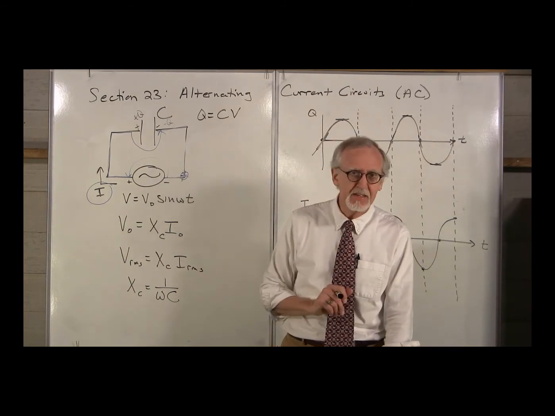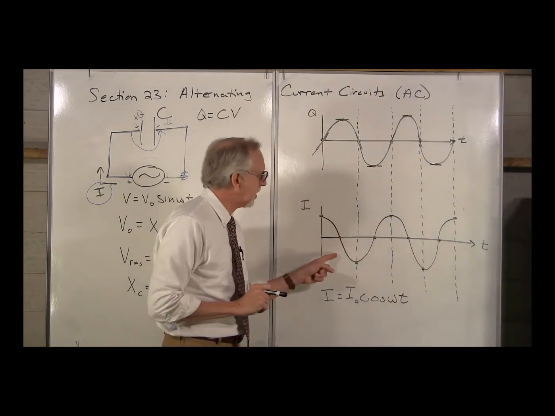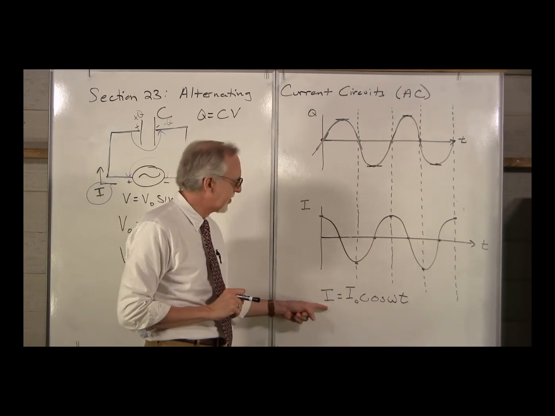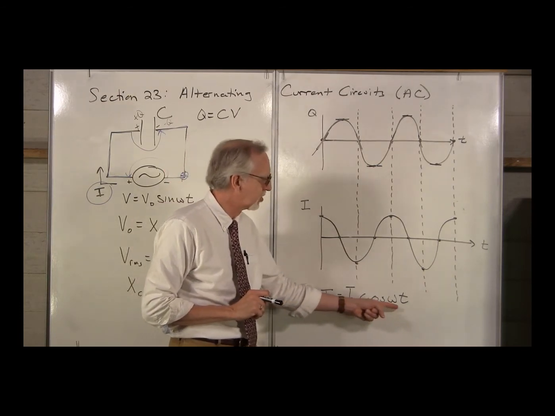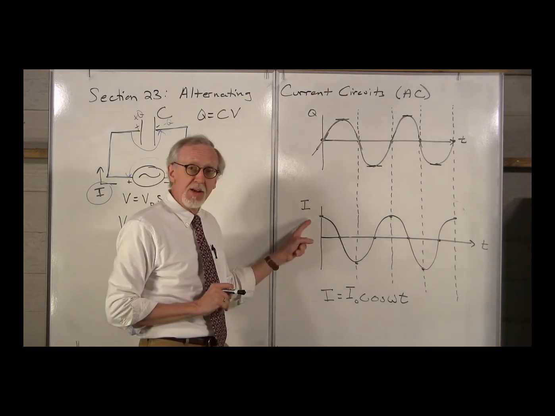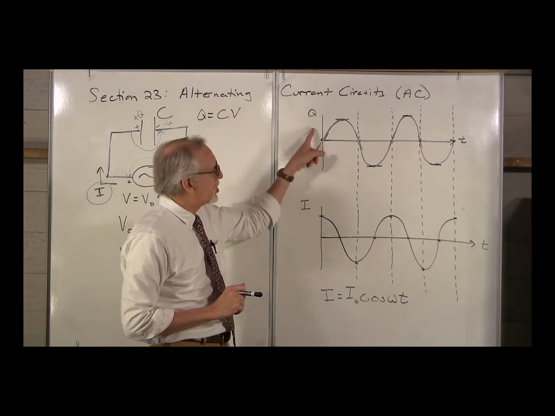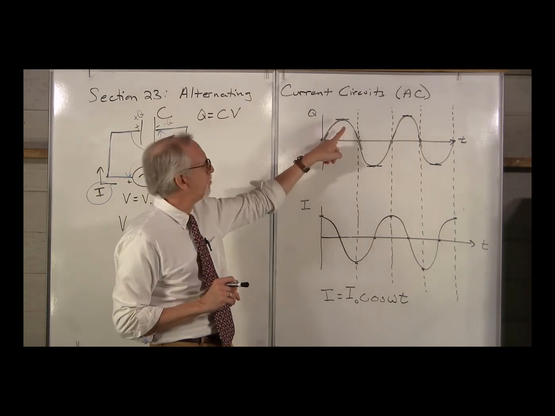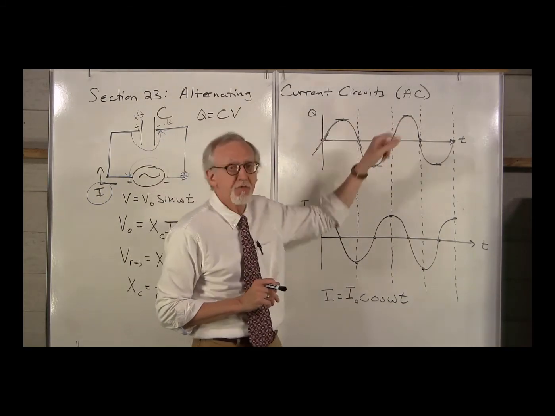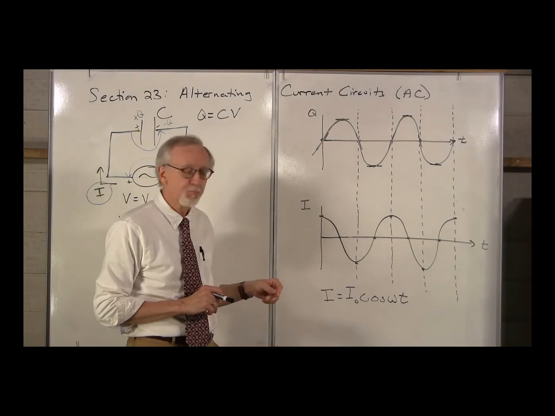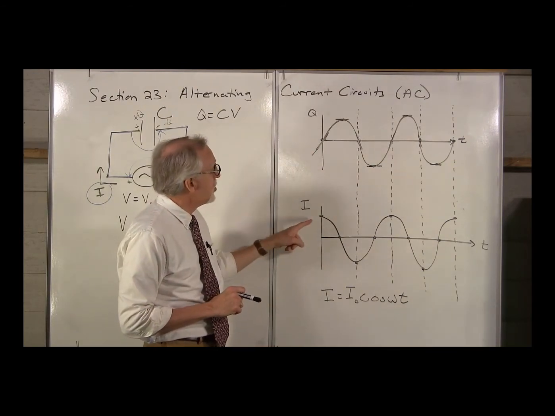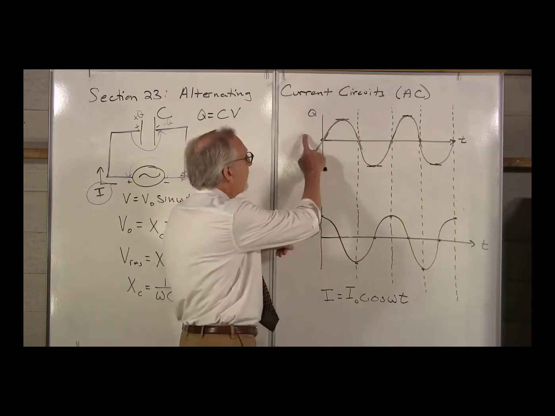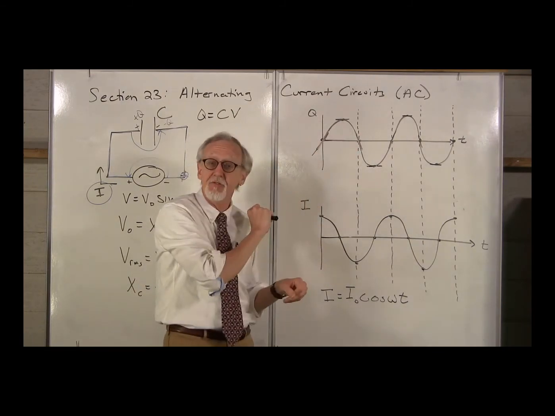One more thing I want us to keep in mind, and that is back here, when we figured out what the current was, and that the current had a form of I naught cos omega t. What I want us to notice is, now the charge, this is very much like it's in phase with the voltage. So we can think about this as the phase of the voltage as well as the charge. Notice that we hit the peak of the current before we hit the peak of the voltage.